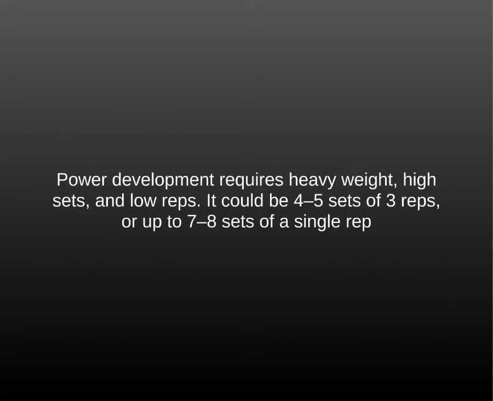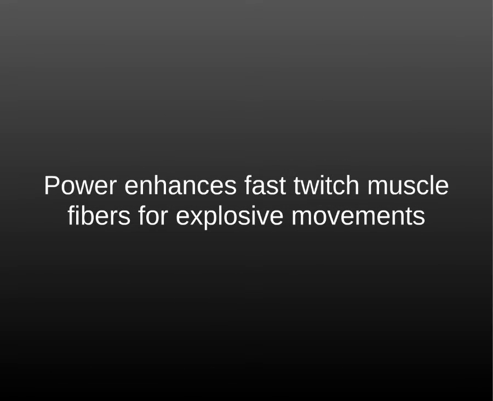An example for power development would be a heavy weight, high sets and low reps. It could be, for example, 4 to 5 sets of 3 reps or up to 7 to 8 sets of just a single rep. Weight training focusing on power enhances the fast twitch muscle fibers so that they can generate explosive movements.